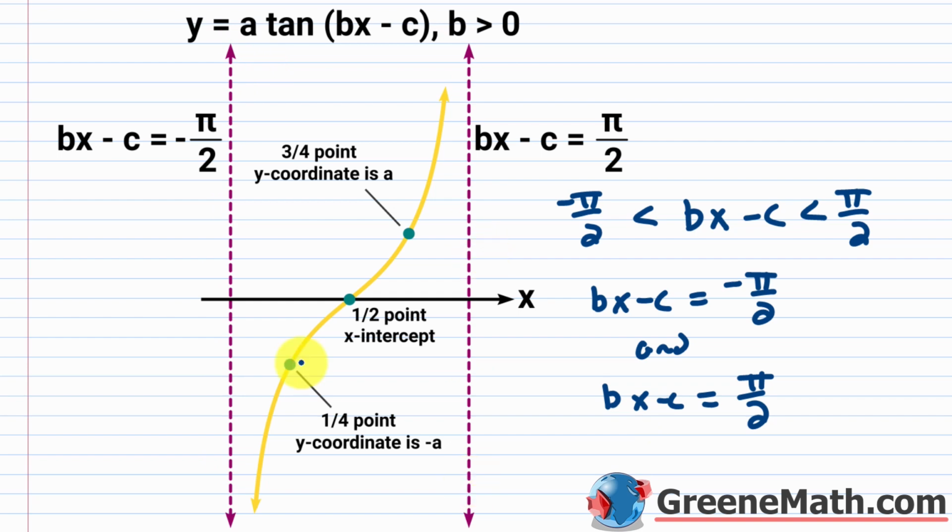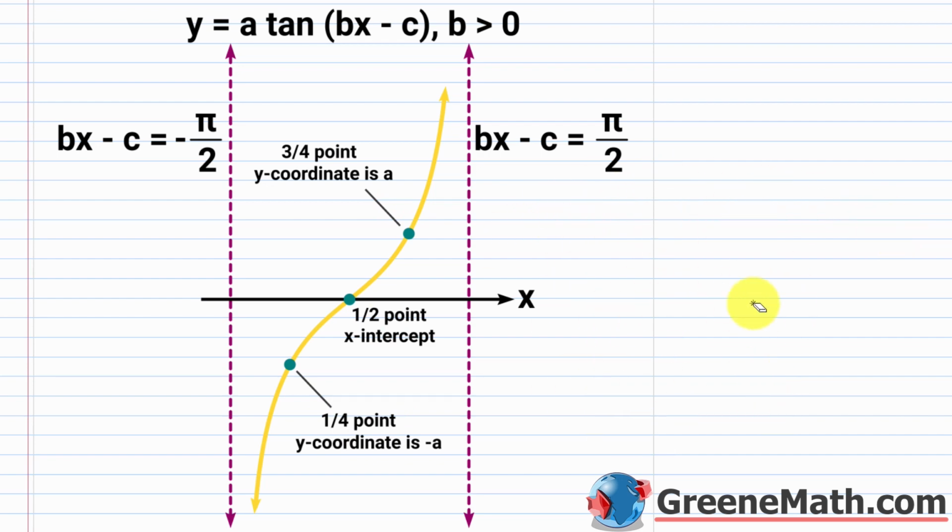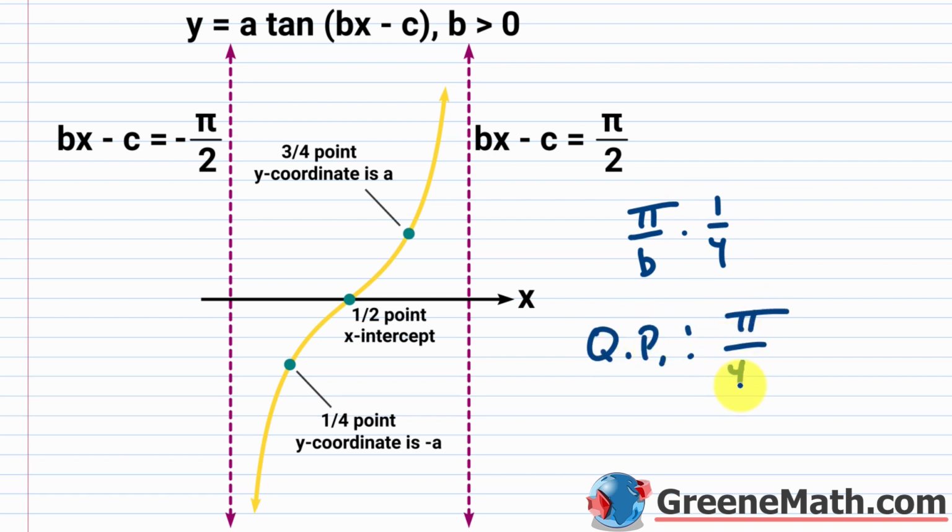Once you have that, you need to find these 3 points. You're going to have one that's a quarter of the way, halfway, and 3/4 of the way. The way you do that is you find your quarter period, just like we did with sine and cosine. If the period is pi over b, you can multiply that by 1/4, and the quarter period is going to be pi over 4b.